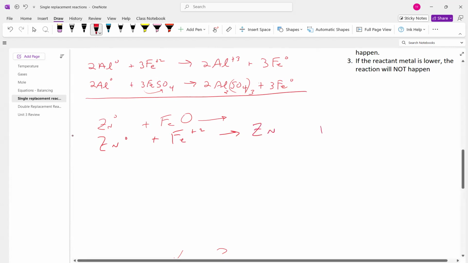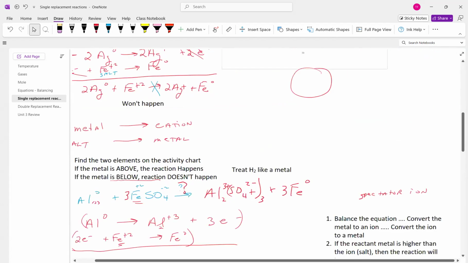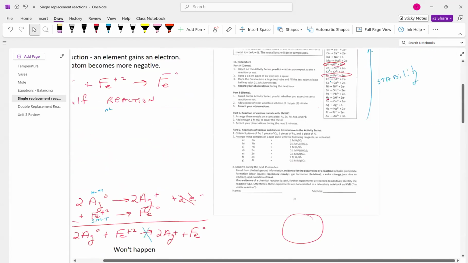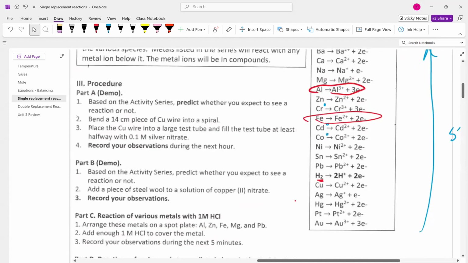And we change the ion to a metal. Okay, so what charge does the zinc go to? If you look in your reactivity chart, it'll tell you. Zinc goes to +2.